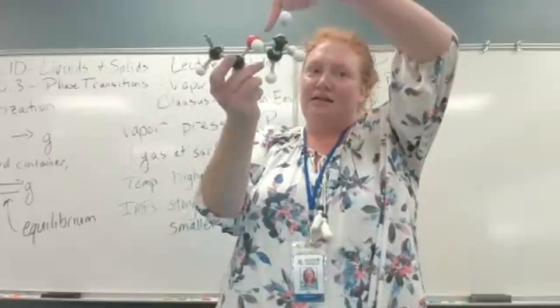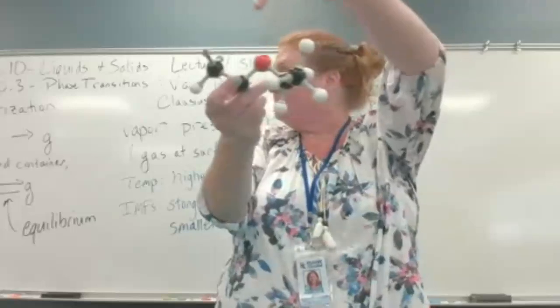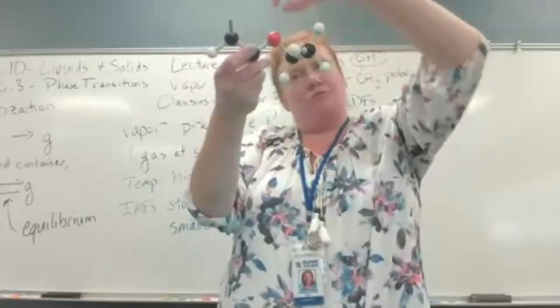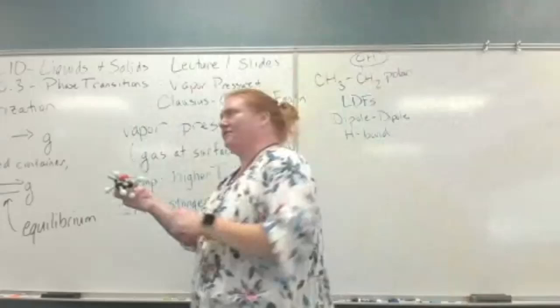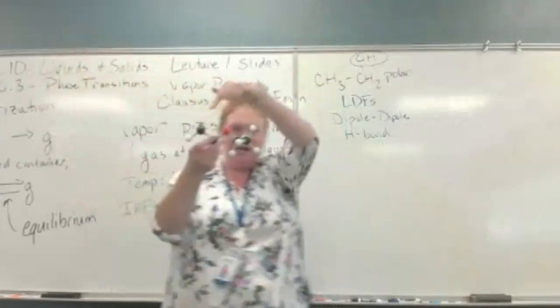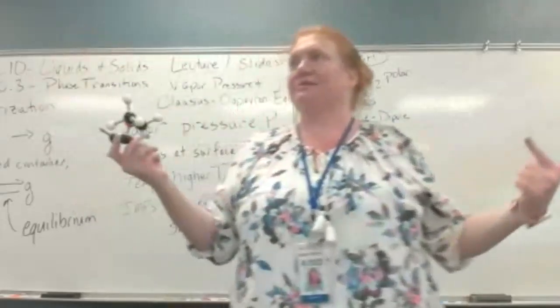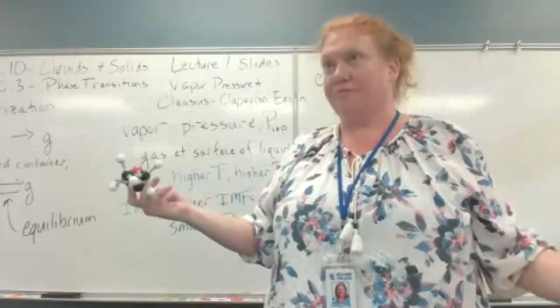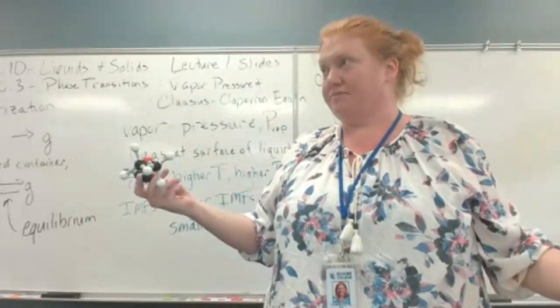Because what is on the other side of this oxygen? It's not drawn. Lone pairs. And lone pairs are not equivalent to these bonded things. It's not symmetrical. Polar because of the oxygen.